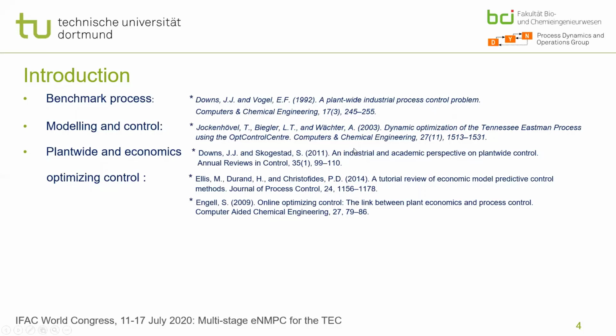As far as modeling and control go, there are many works that could be cited, but we only mention here the work by Jockenhövel, Biegler, and Wächter, since this is the one that we are also basing our model on. For the plant-wide and economics optimizing control, there are many works from our group in Dortmund and from other groups.